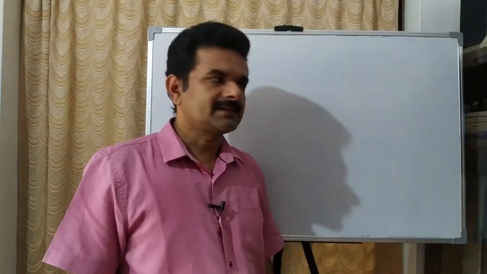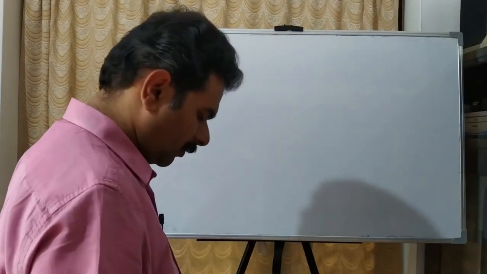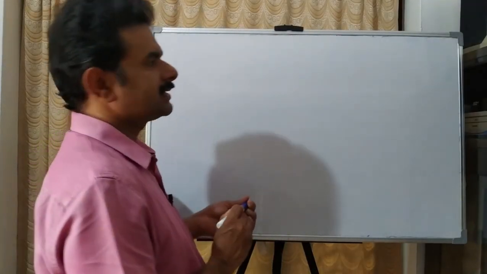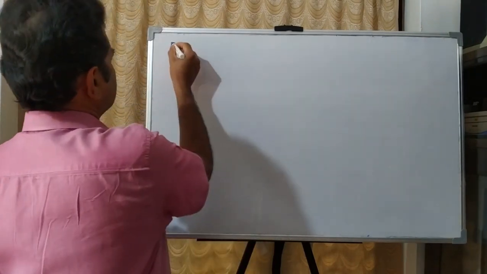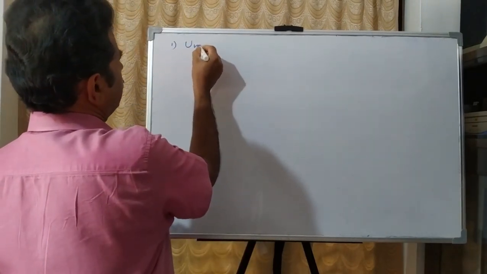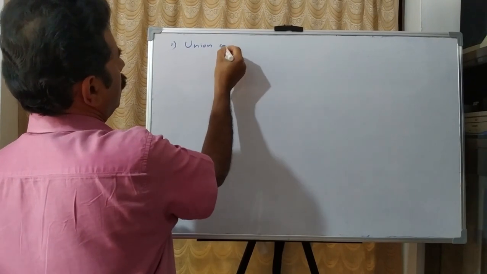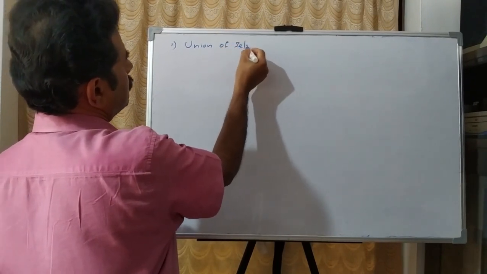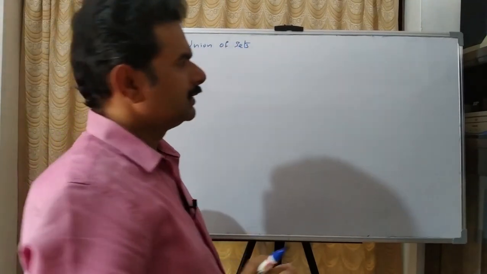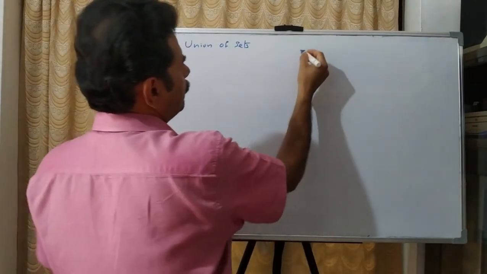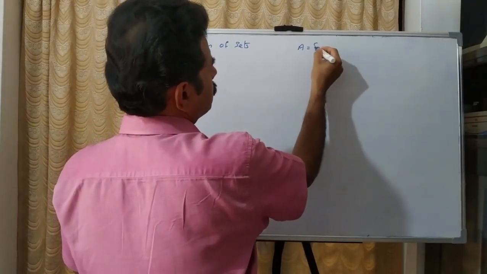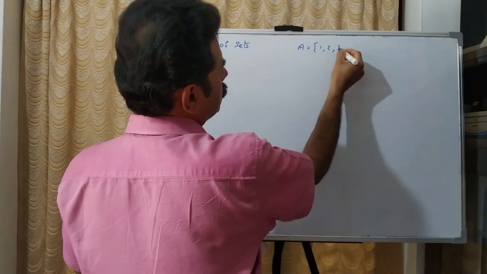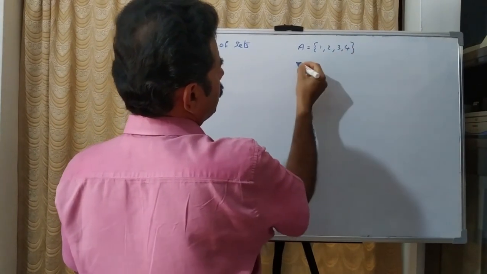Let us introduce some operations on sets. First one, union of sets. Union. What is union? See, A is equal to the set {1, 2, 3, 4}.